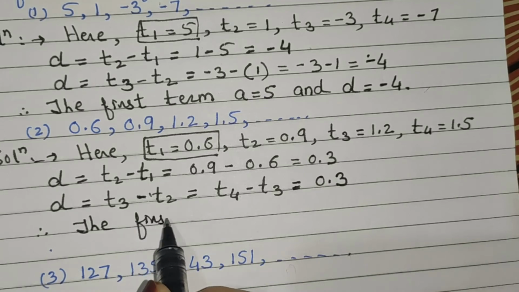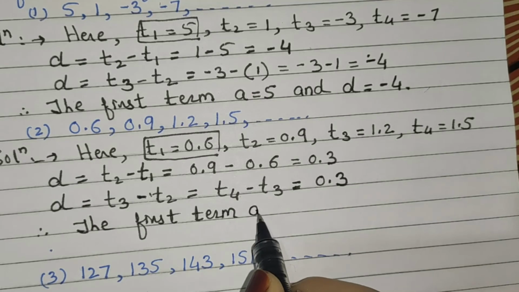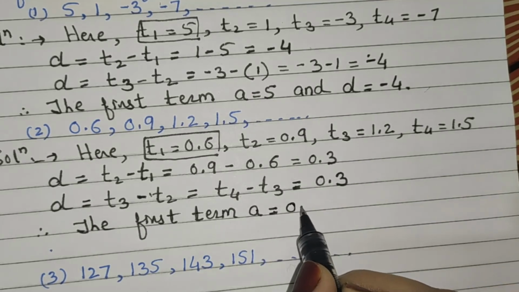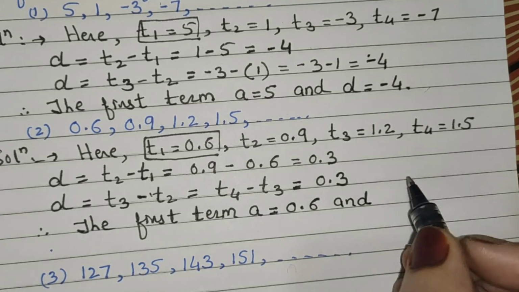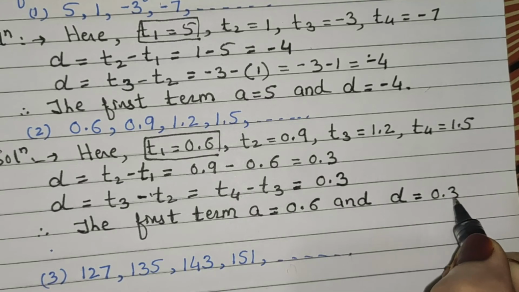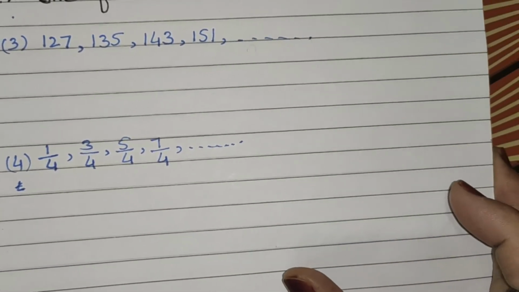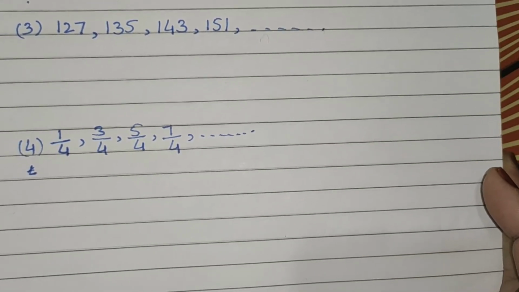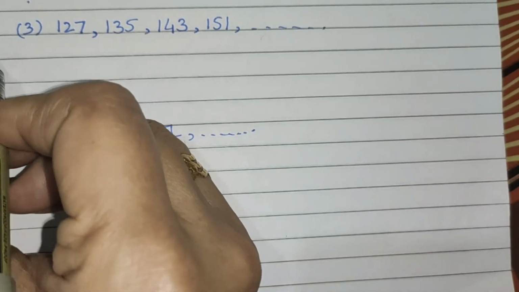Therefore, the first term A is equal to 0.6 and the common difference, D, is equal to 0.3. Now, next one is 127, 135, 143, 151 and so on. Write down the solution here.